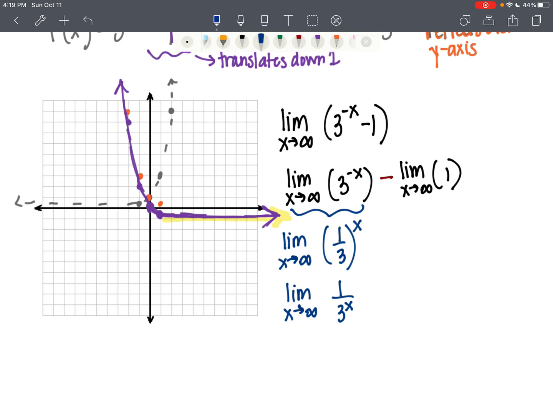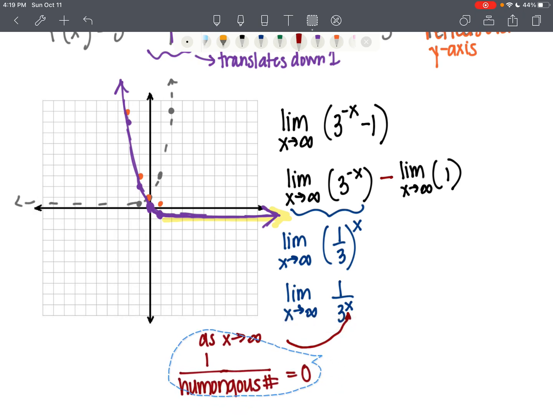As x approaches infinity, 1 over a humongous number is going to equal 0. So this limit right here is going to be 0.